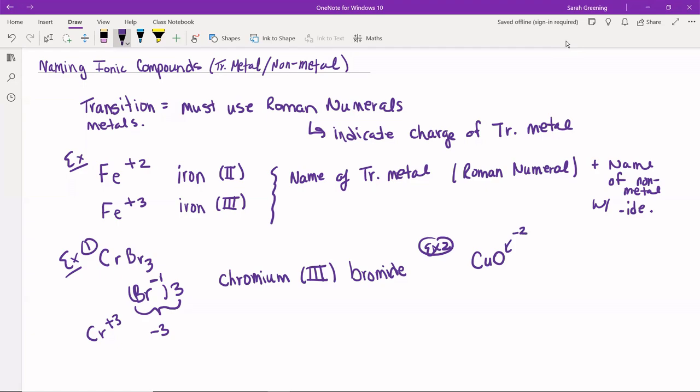And if oxygen is -2, and there's only one oxygen ion, then there must be a balanced charge on copper, which would make it a +2. So a copper +2, that root part of the name is going to be copper Roman numeral because it's a transition metal. And then oxygen is oxide. So the complete name is copper(II) oxide.